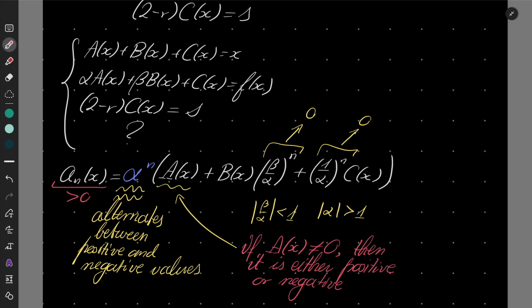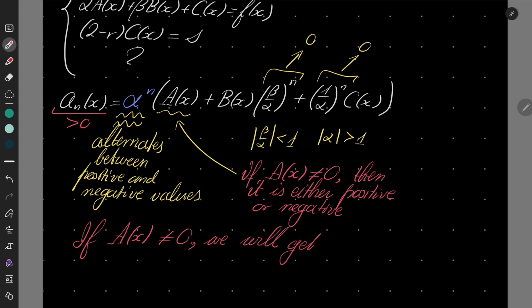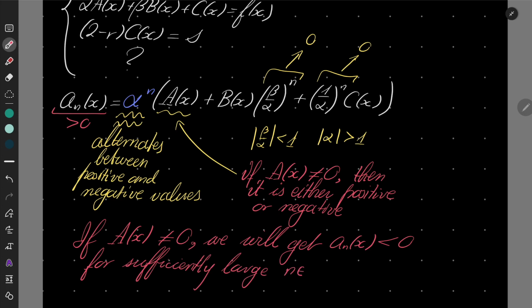Crucial observation, so I will write it. If a of x is non-zero, we will get a n of x which is negative for sufficiently large integers, even or odd, doesn't matter.